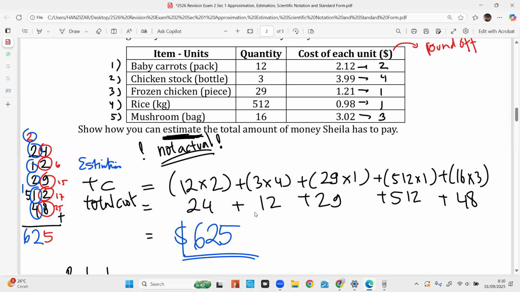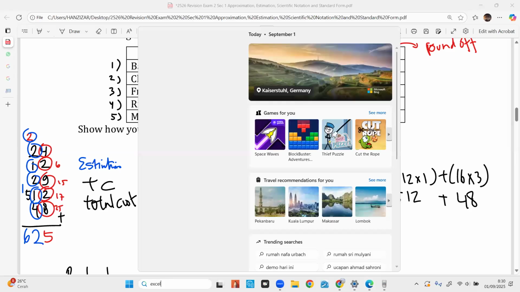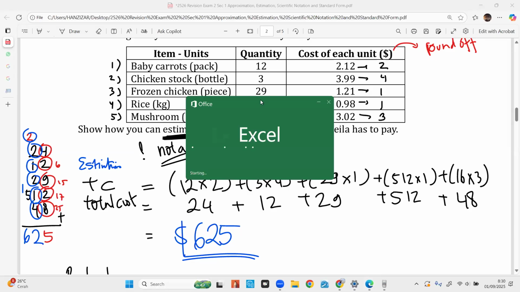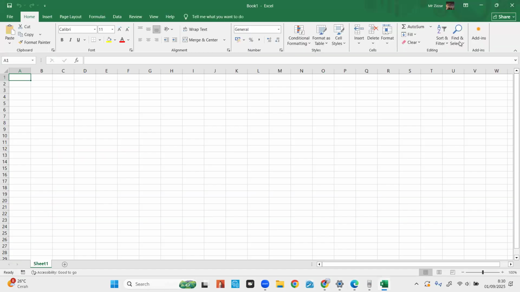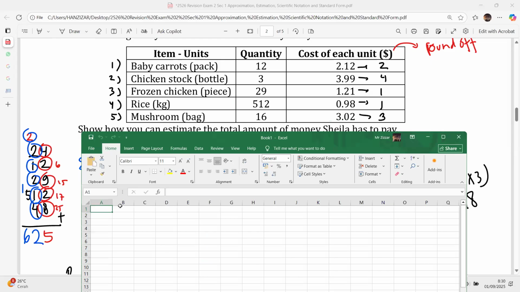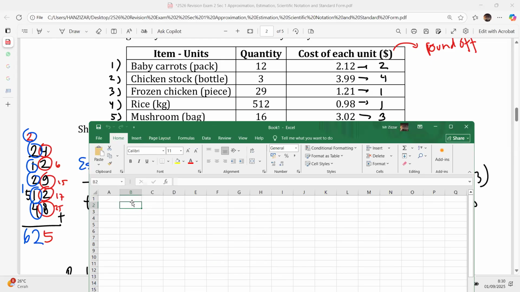I will put this in Microsoft Excel. So we try to do the counting. I copy paste. I don't have to write the item, I just write the quantity.